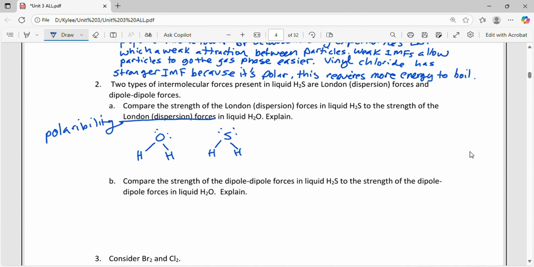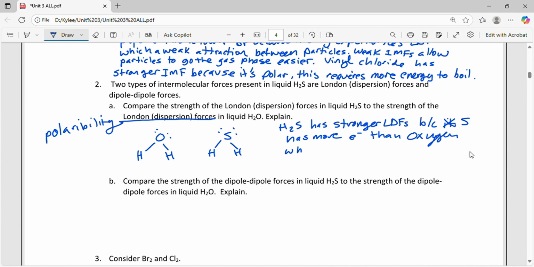And I think that's where we need to go here. Sulfur has more electrons than oxygen does. So I would say that H2S has stronger LDFs because sulfur has more electrons than oxygen, which makes it more polarizable.